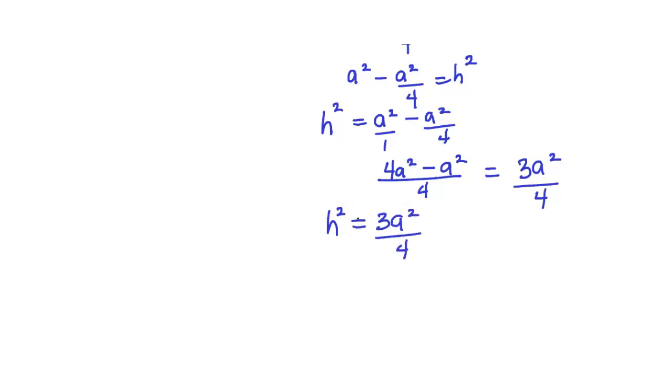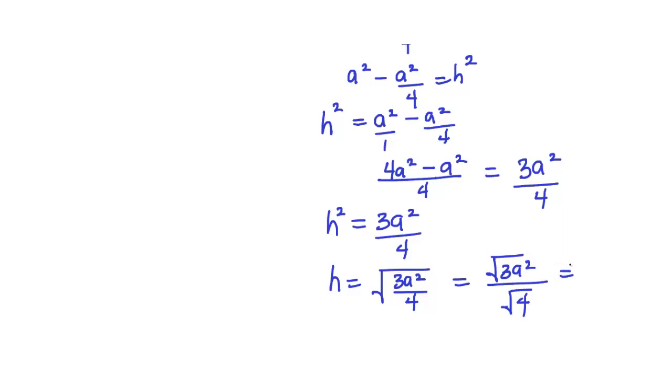Take the square root of both sides to cancel the square. We can say H is equal to the square root of 3A square over 4, and that is like saying square root of 3A square over square root of 4.